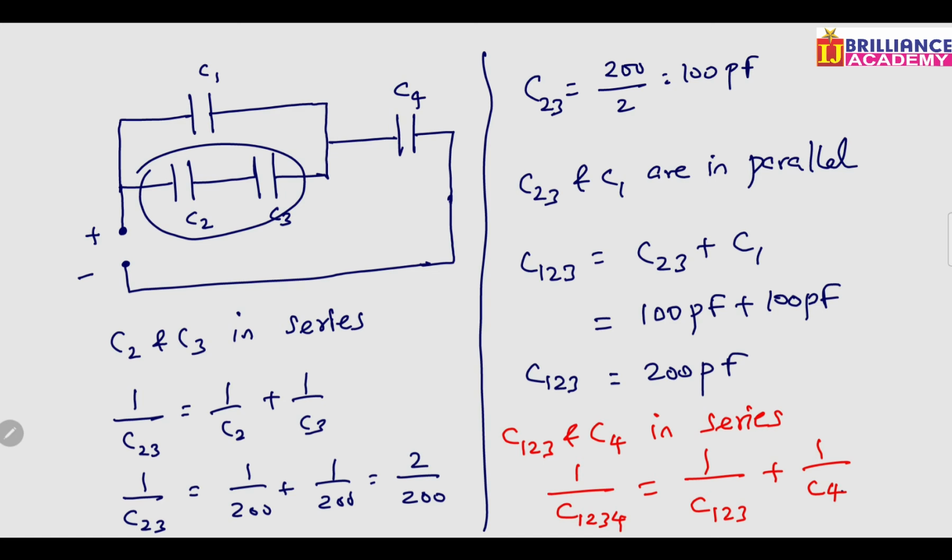Again, one is 200 and another one is 100, C4 is 100. So I will write 1 by C effective, or C total, you can write. 1 by 200 plus 1 by 100.